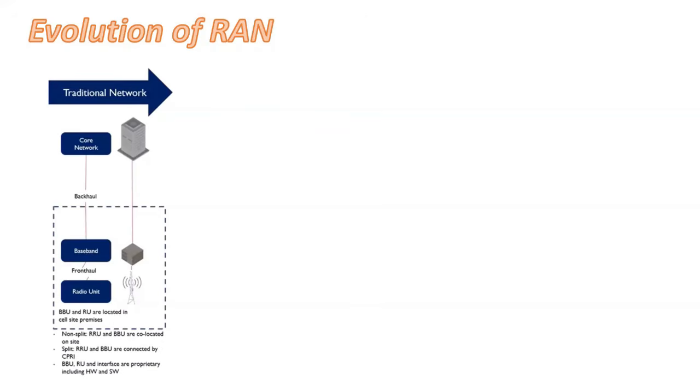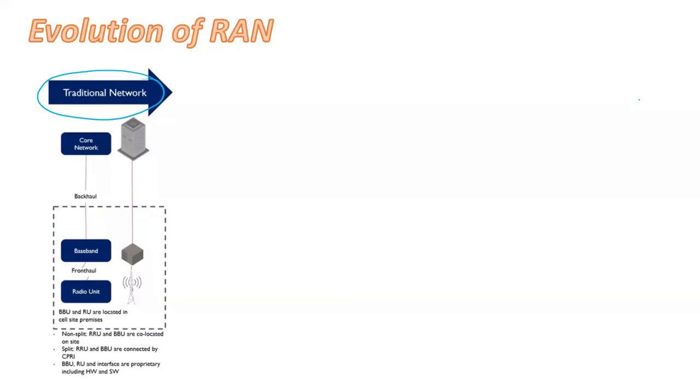So in the RAN evolution, first we have seen the traditional network. This is the traditional RAN architecture that has been used for many years for technologies from 2G up to LTE. Okay. It consists of separate baseband and radio units, which are connected through dedicated fiber or copper cables.